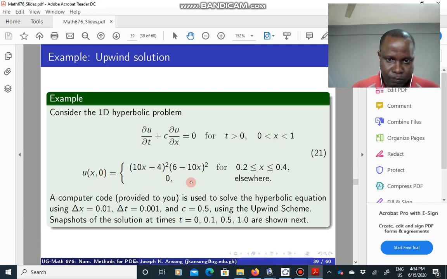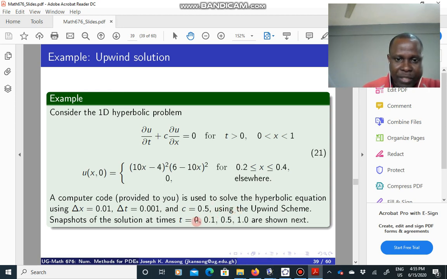When t is 0, you have something like a step function, a hat: it is equal to this for x lying between 0.2 and 0.4, and 0 elsewhere. You can solve the hyperbolic equation using delta x equal to 0.01, delta t chosen to be 0.001, and c chosen to be 0.5, which is positive, and then you just apply the Upwind scheme that we've talked about.